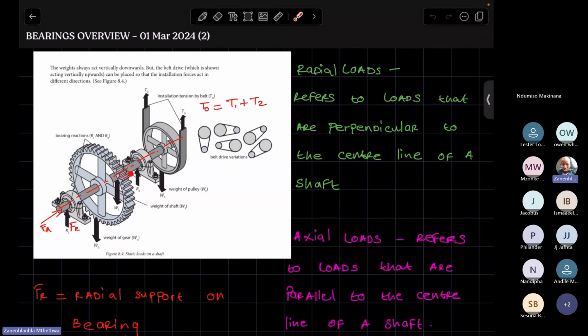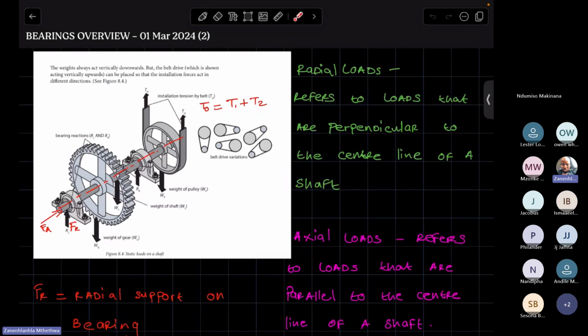Now, typically this is the kind of scenario we'll be looking at, where you have a shaft, and then on the shaft they fit a gear wheel. As far as gear wheels and pinions, we covered that on Sunday when we looked at gear drives. So by now, I would assume you understand what I mean when I say a gear wheel.